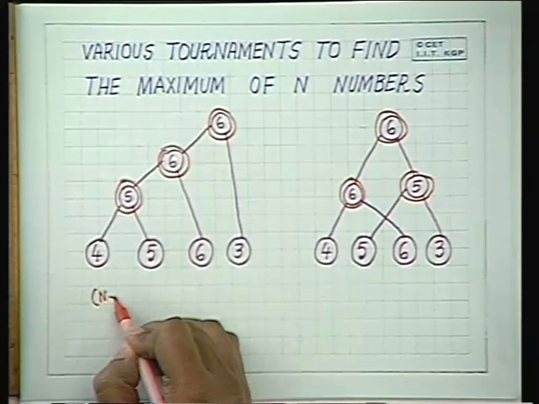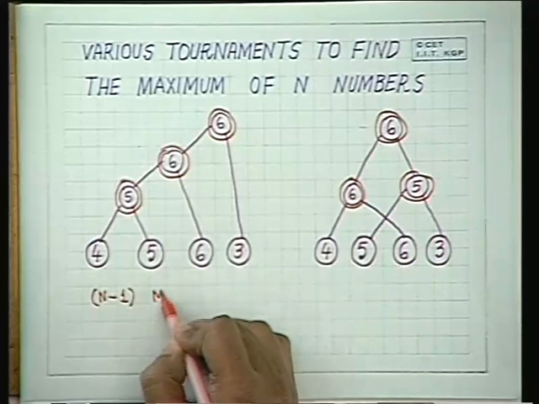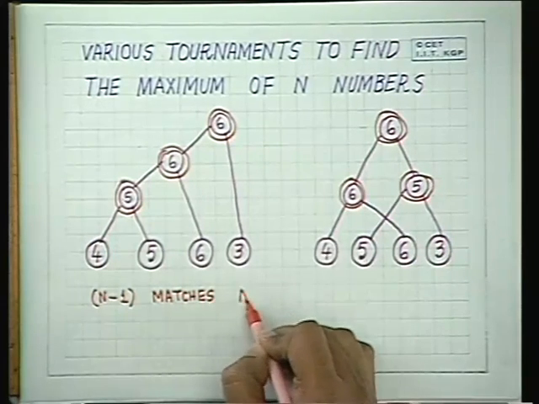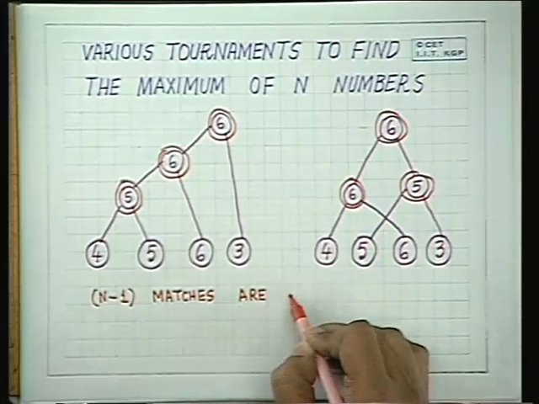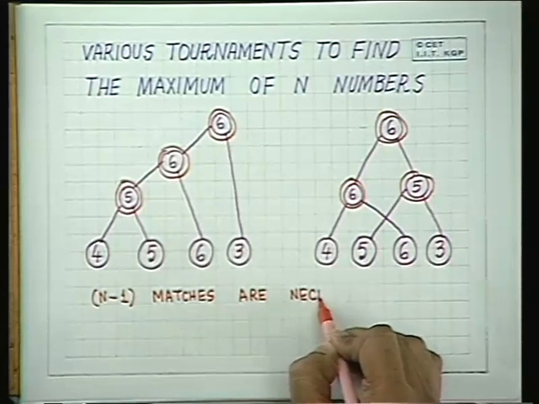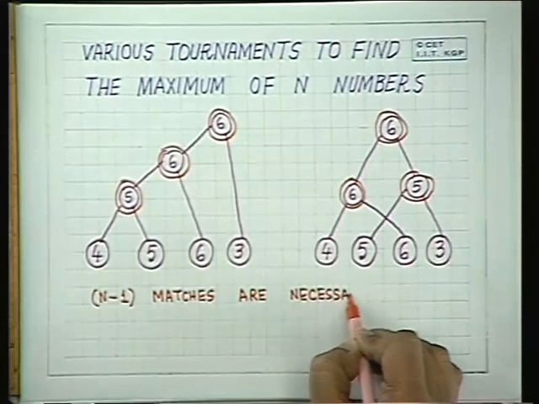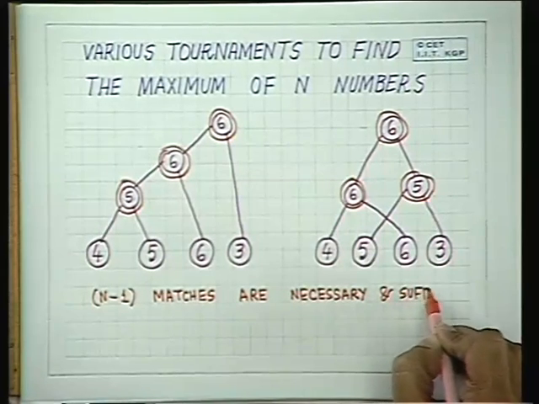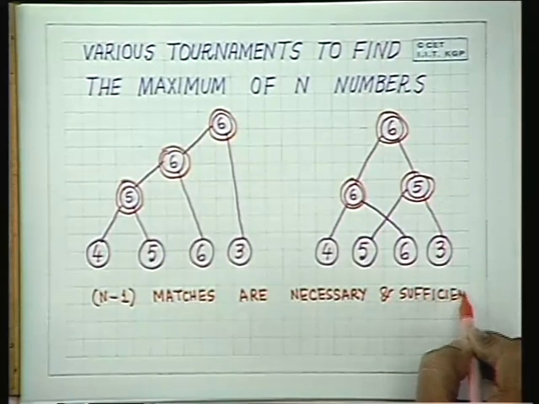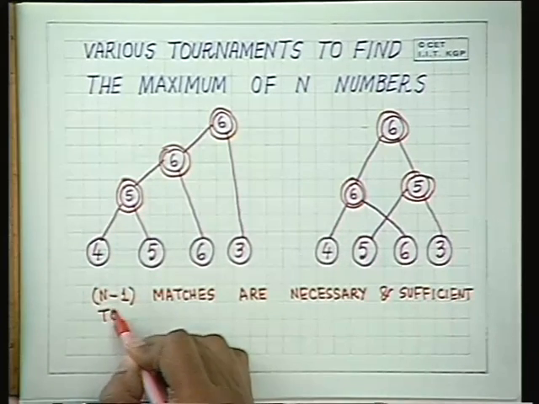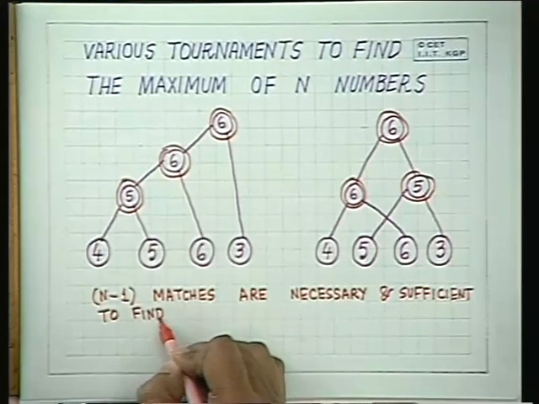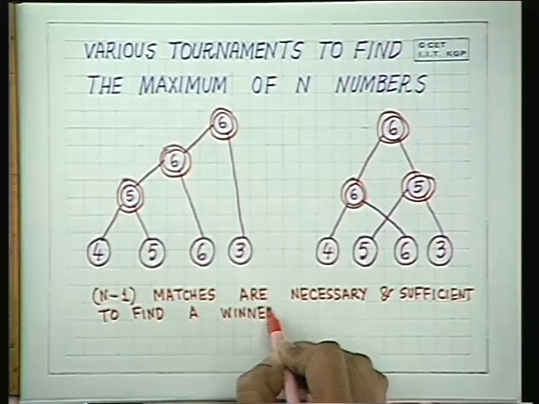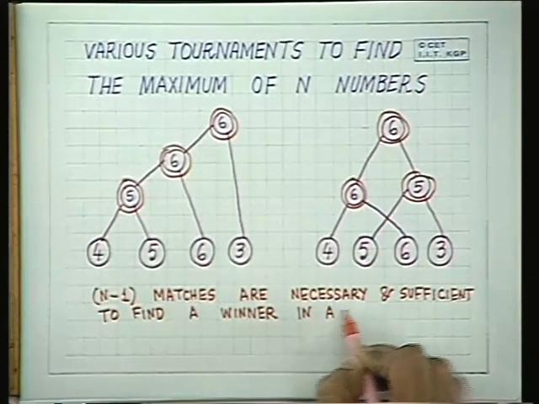So n minus 1 matches are necessary and sufficient to find a winner in a tournament of n players.